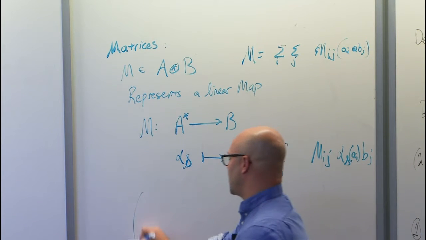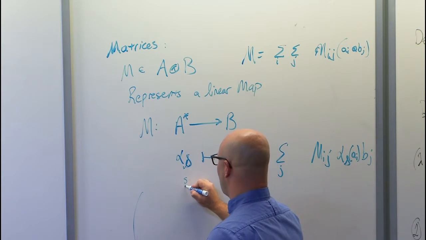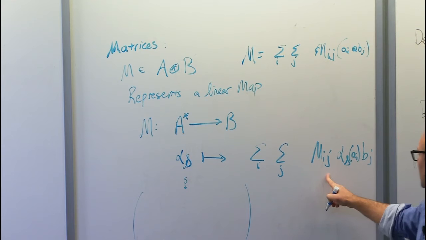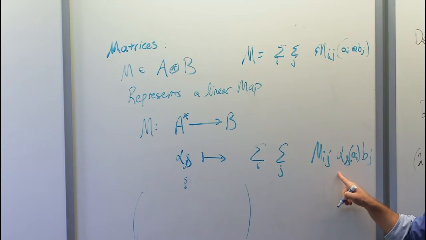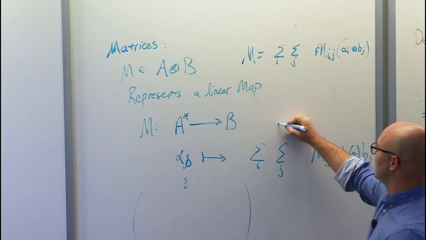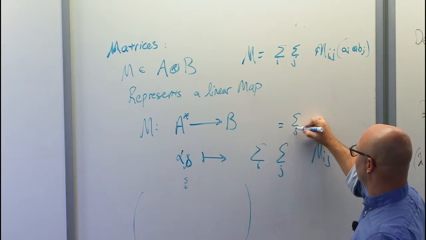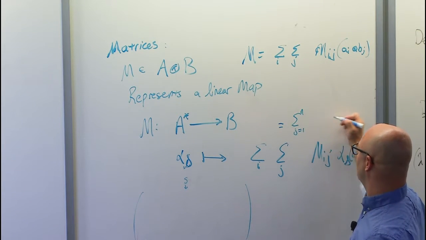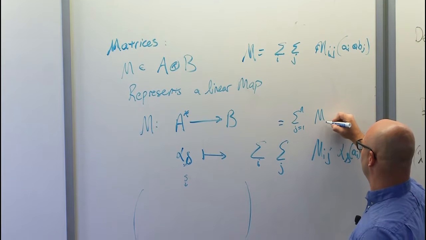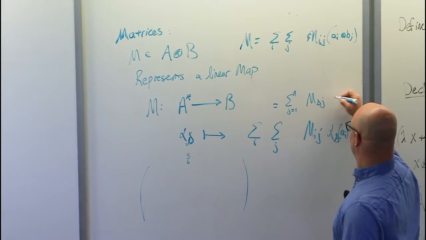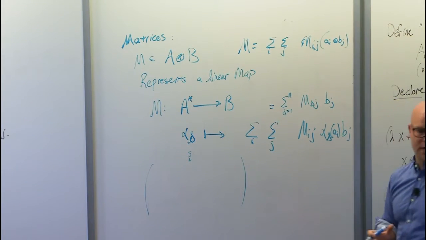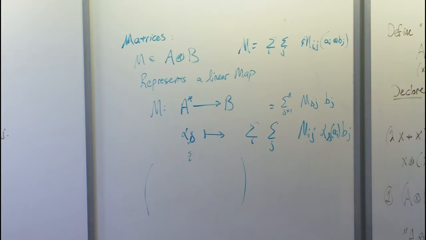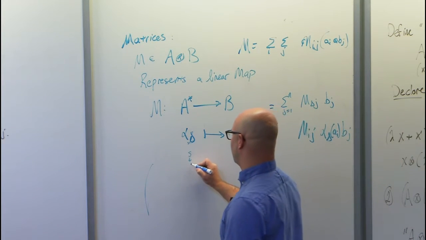And so now my matrix in the S column is going to have, well, this expression simplifies a little bit because of the Kronecker delta function. This is just the sum now over J equals 1 to N, M, S, J, B, J. So I'm trying to be careful with indices. This is maybe counterintuitive.